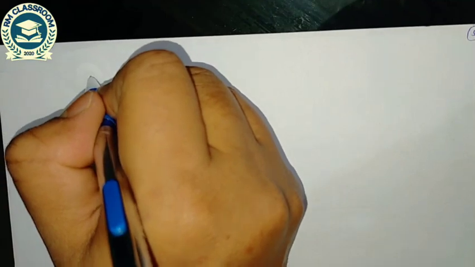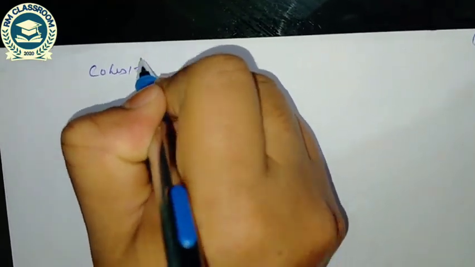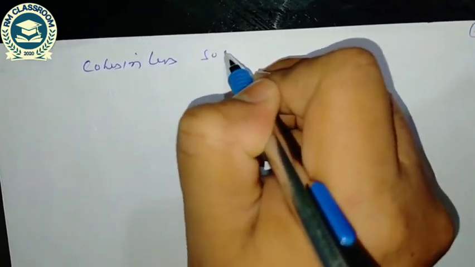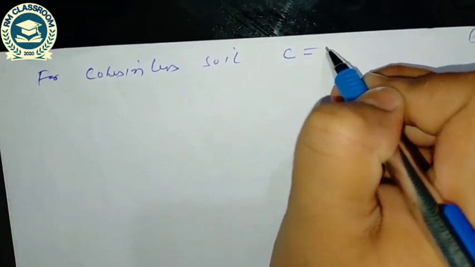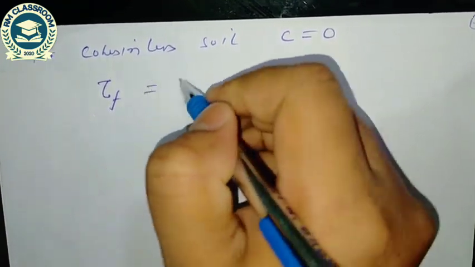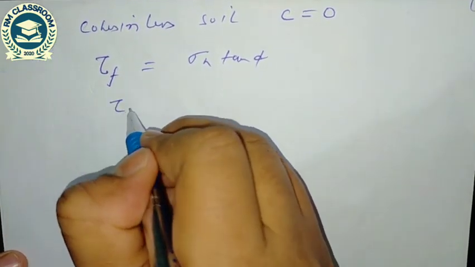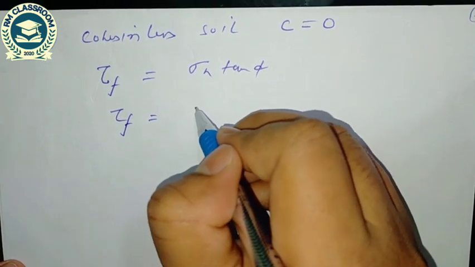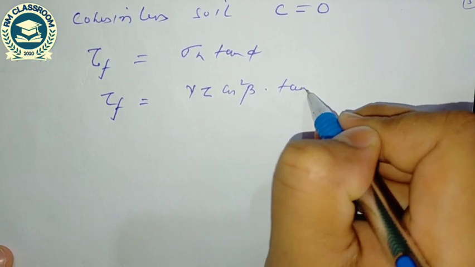So for this case I have assumed cohesionless soil. So for cohesionless soil, cohesion is equal to 0. So shear strength is converted to sigma n into tan phi, and sigma n we have computed, derived, gamma z cos square beta into tan phi.